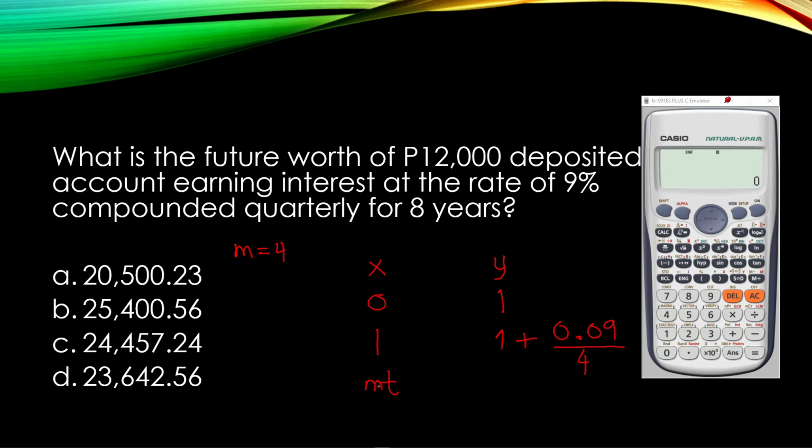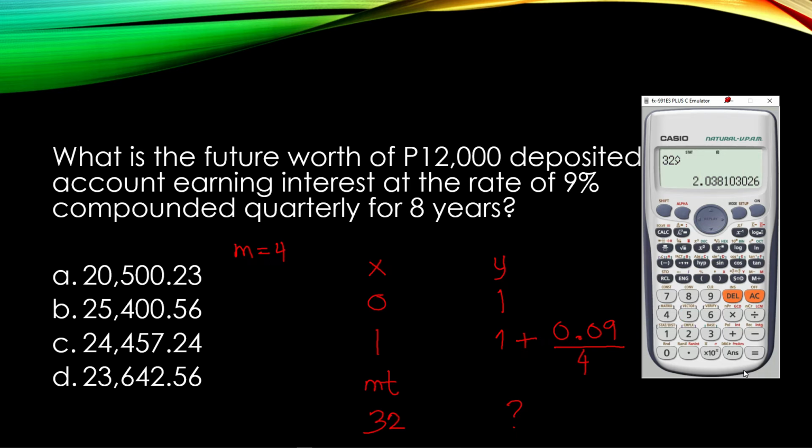So, since yung M natin is 4 and our T is 8 years, so probably yung hinahanap natin is at 32 periods. So, hinahanap natin 32. And then, ito yung question mark natin. So, yun yung hinahanap natin. So, probably we have 32 shift stat 55. Then, press lang natin yung equal sign.